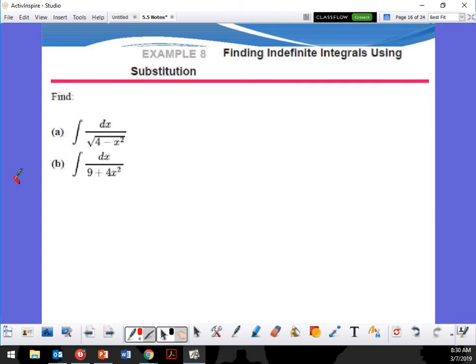Okay, so let's see. It's supposed to be arctan, right? So integral of something over, what's the format for arctan? 1 plus x squared. And this equals arctan of x plus c.